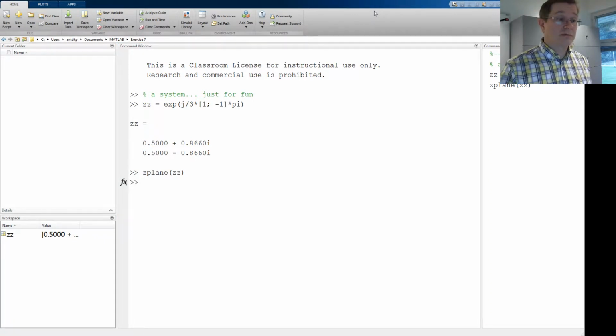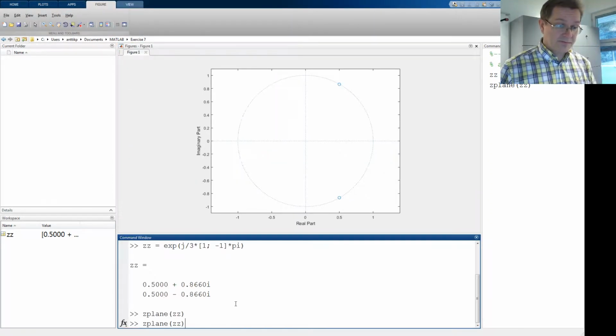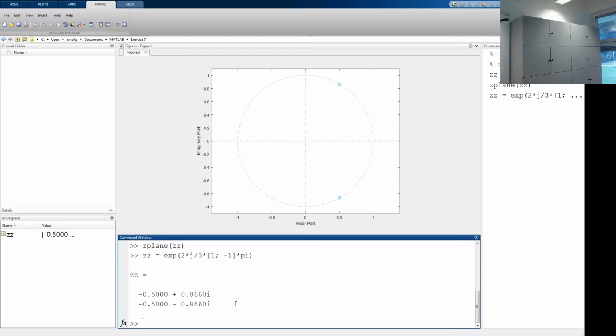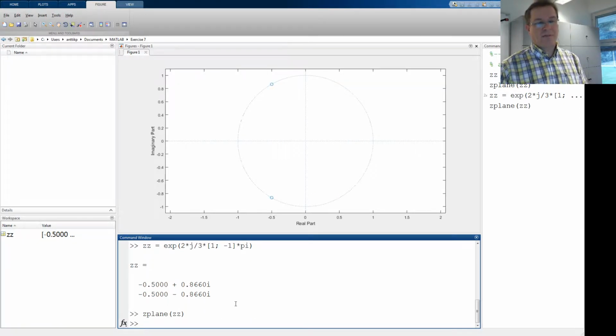Oh, no, 2 pi over 3, sorry, of course. 2 times pi over 3. Yeah, there, better. Okay. Pi over pi, that's really half of pi, so this is pi over 6. Sorry about that one.